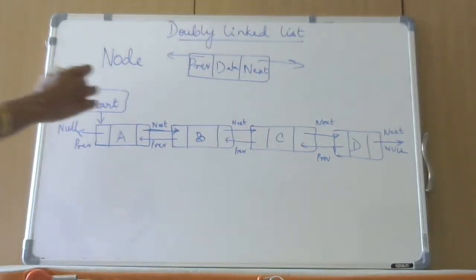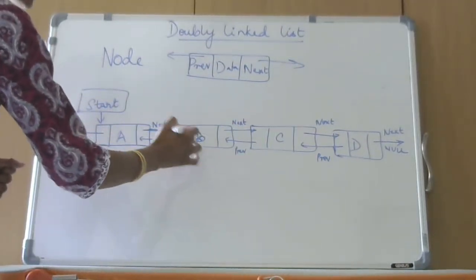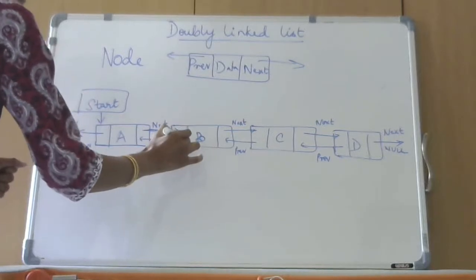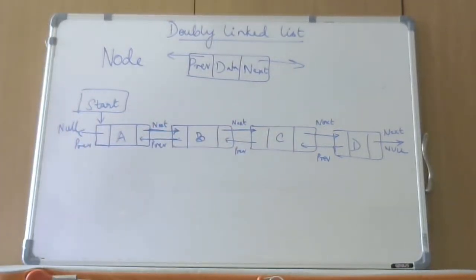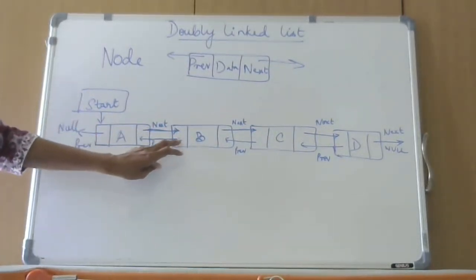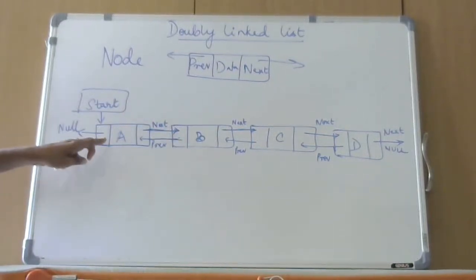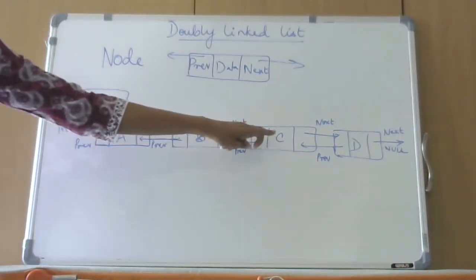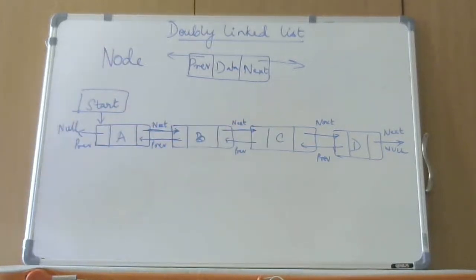Now when you come to the node B, again B has two pointers, this is the previous and that is the next. So what will previous be holding? The previous link of B will hold the address of A. Next link of B will hold the address of C. So that's how it is. Every node is going to have two pointers, previous as well as next.